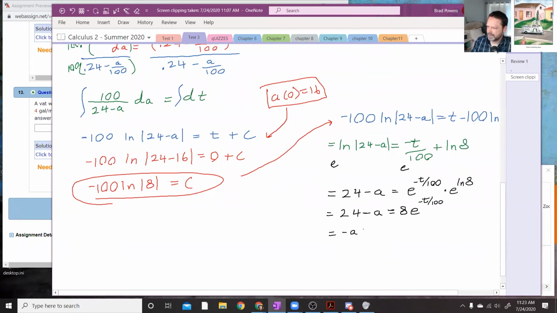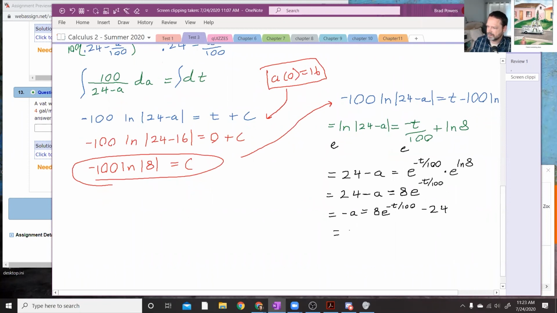So we have negative a equals 8 e to the negative t over 100 minus 24. So we're going to say a then must be negative 8 times e to the negative t over 100, oh, plus 24. There it is.